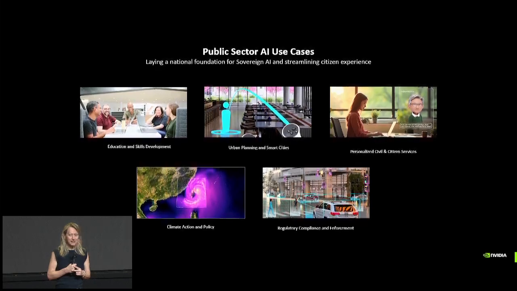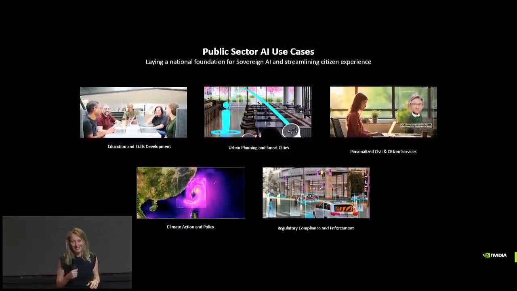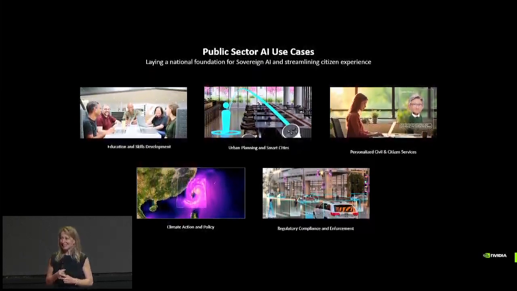Urban planning and smart cities. Again, traffic, traffic would be amazing. And by the way, traffic could be amazing in every city I've been in. But smart cities, right? How can we design and make cities the best places to live?